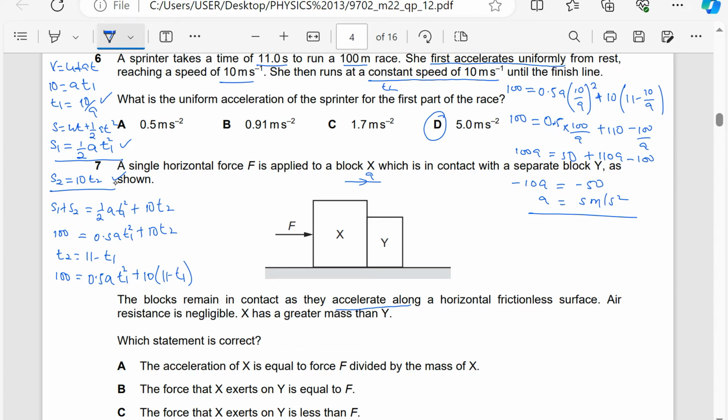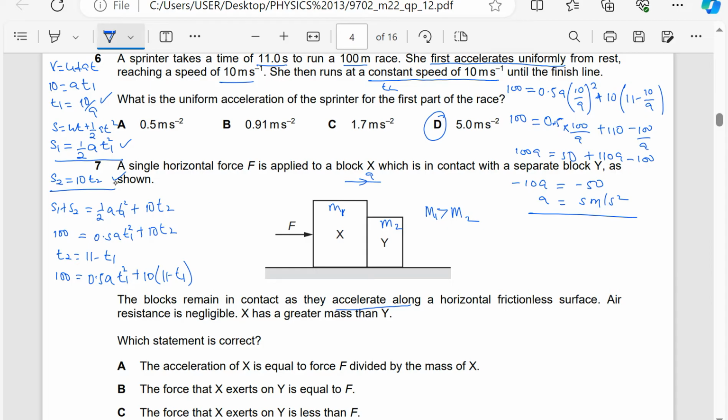So let the mass of this one be mx. Let me say m1. The mass of this one is m2. And we are saying m1 is greater than m2, which is fine. So let's consider the forces acting.